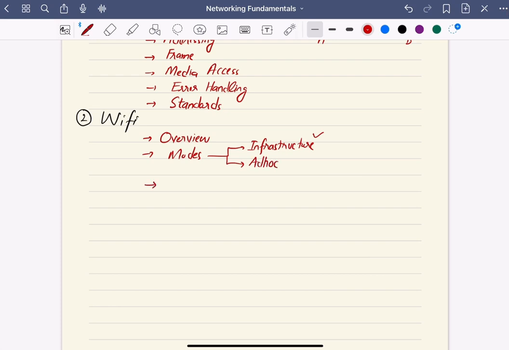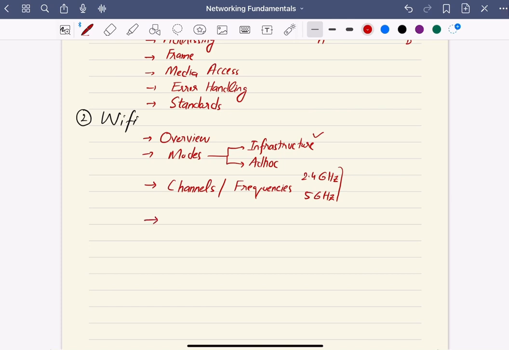Then we will talk about the channels, the number of channels plus the frequencies. For example, there are mainly two frequencies over which the access points or wireless routers operate. One is 2.4 gigahertz, second is 5 gigahertz. We will talk about the differences between these two, the pros and cons, and applications.